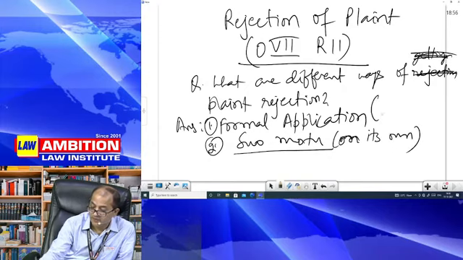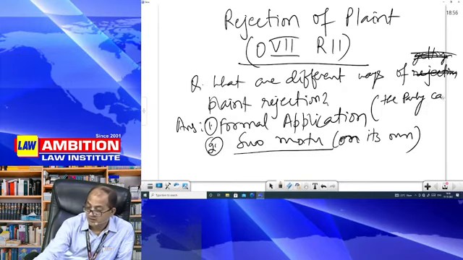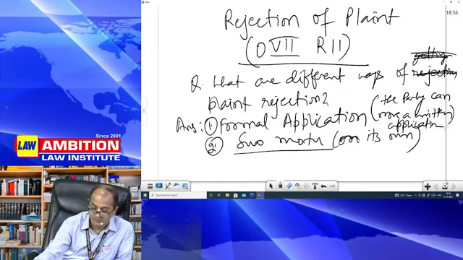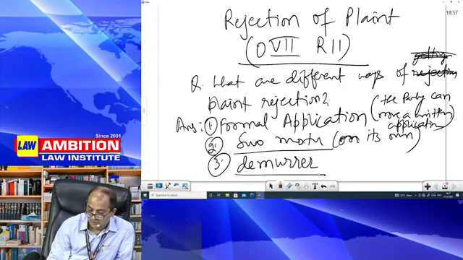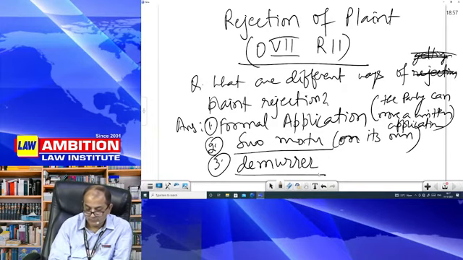Formal application, the party, obviously the opposite party, can move a written application. And third, demurrer.